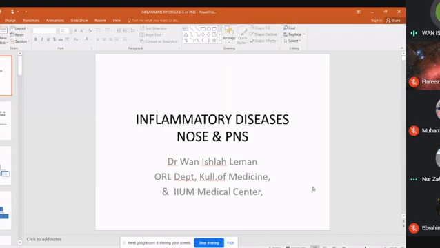Non-infective is more of allergy. In the clinic, most of them are allergic rhinitis, because they come with sneezing, running nose, occurring in the morning, with a background history of asthma, atopy, all that.